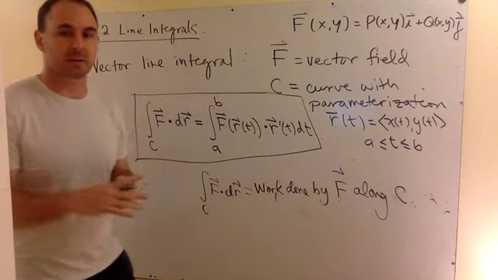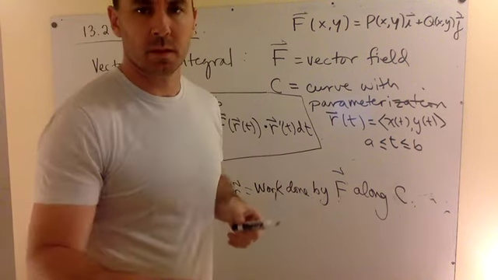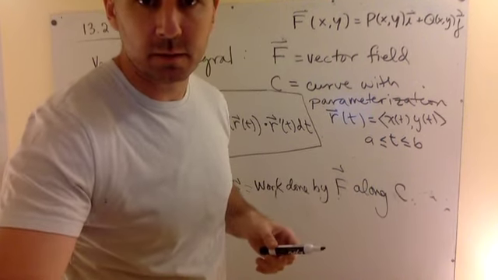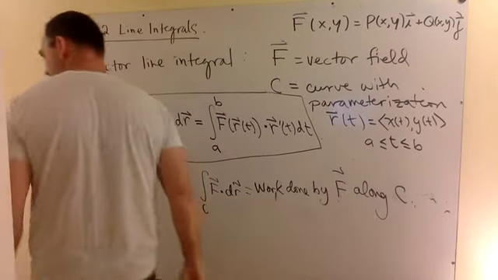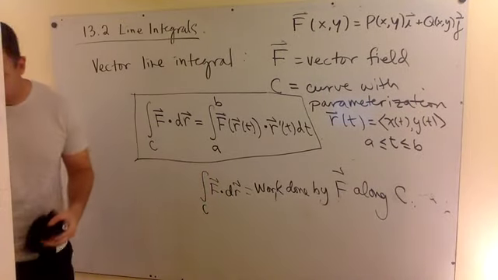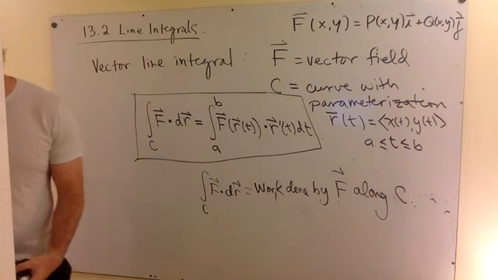So this is a vector line integral. Let's see how much time we have and see if we can compute one of these. All right, so let's do one, and we'll talk about several other things.